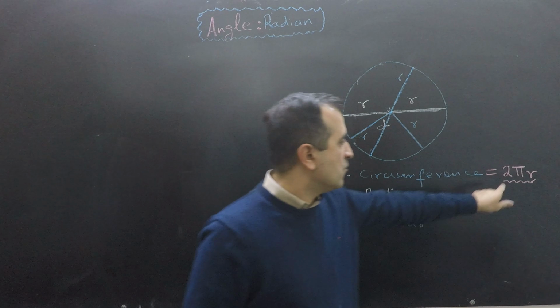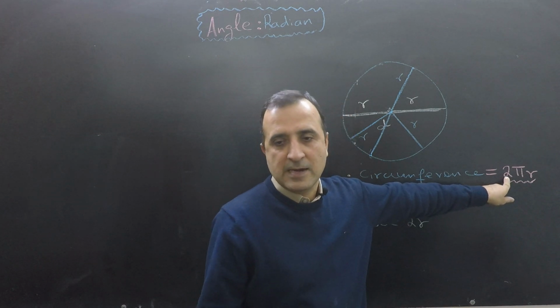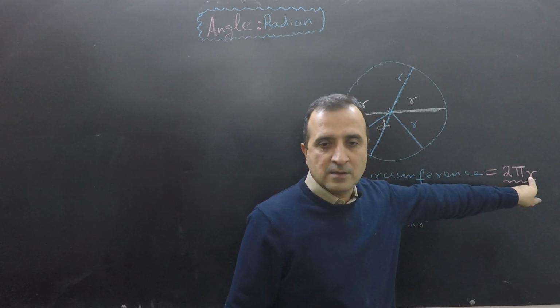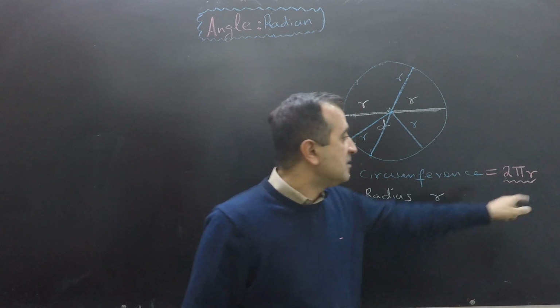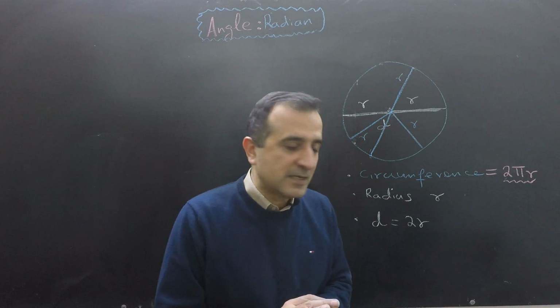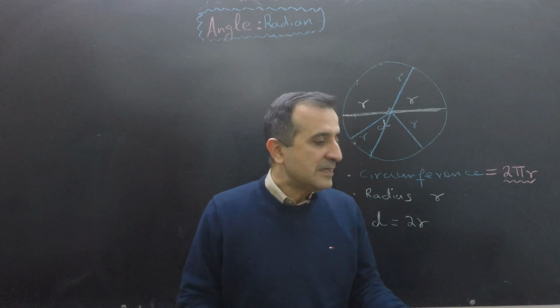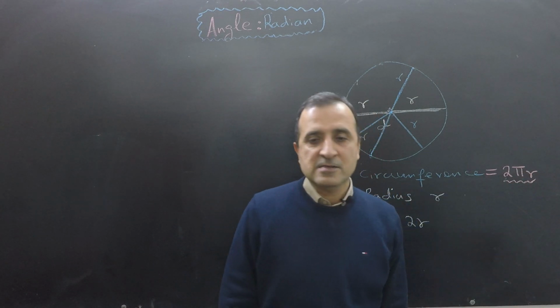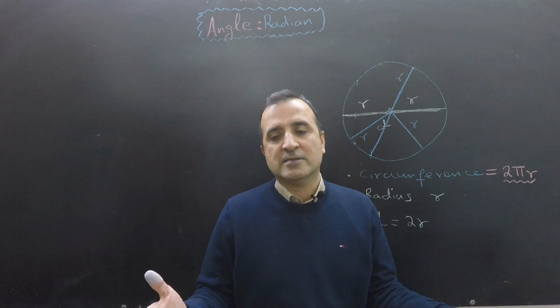We know 2 is a number, right? What is r? R is radius. And what is pi? Pi is also a number which is irrational. We have not yet learned about irrational numbers, but this is just a number with decimal points that continues forever.